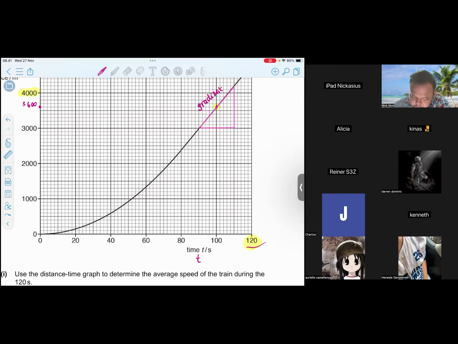Okay, so this is 85, because the question is instantaneous, not the average velocity. And this one is 110. So the distance is 110 minus 85.